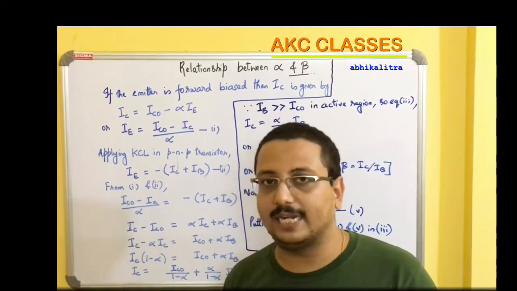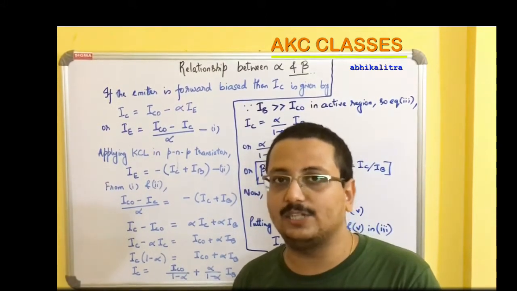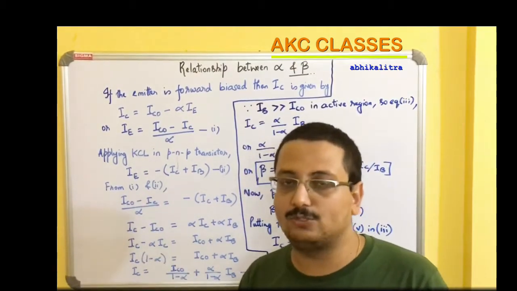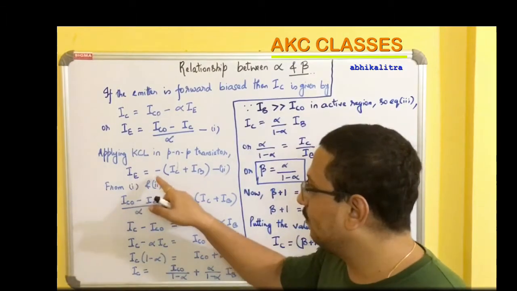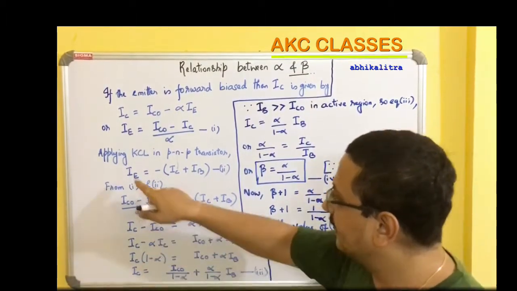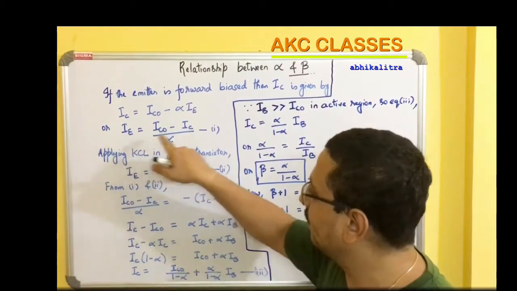In KCL, the current entering a junction is considered positive, and the current moving out is considered negative. So IE is equal to negative of IC plus IB. This is also an equation of IE.